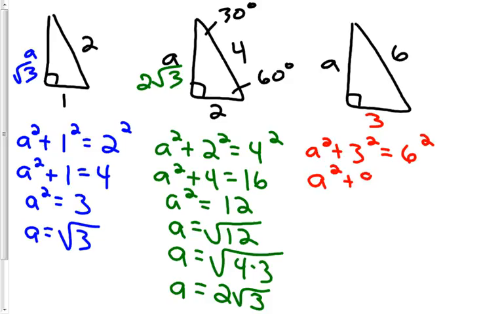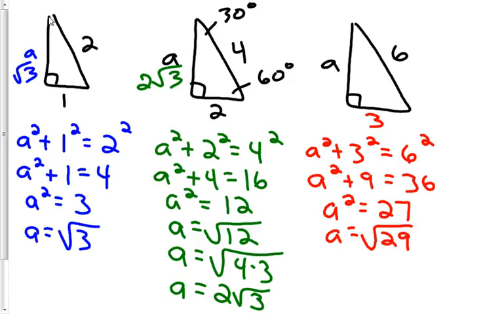A squared plus 9 equals 36. Subtract 9 to the other side. A squared equals 27. Take the square root of both sides. And now, simplify the square root of 27. We know that that is 9 times 3. And the square root of 9 is 3.